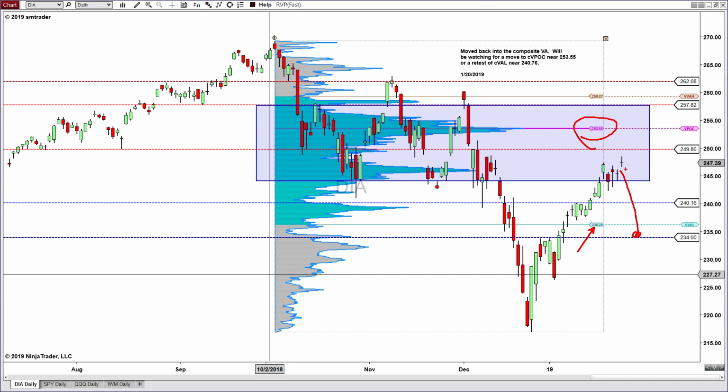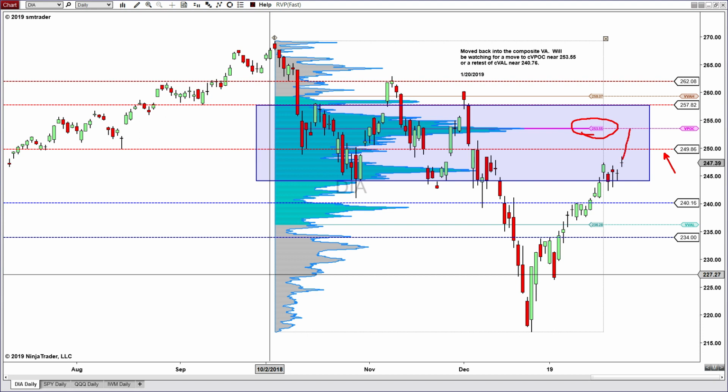So as you can see right now, it's basically been moving toward this point of control. And right now the next potential resistance is somewhere around 249.86. So we'll just keep an eye on this 249.86 for the next potential resistance.